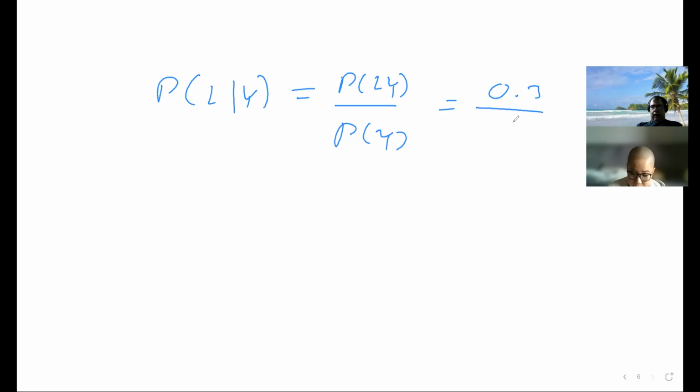At the denominator we have the probability of yellow, which is 0.4. So the answer is 3 by 4.